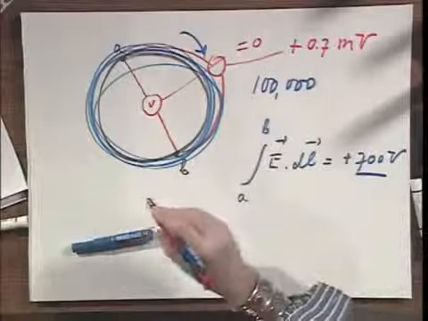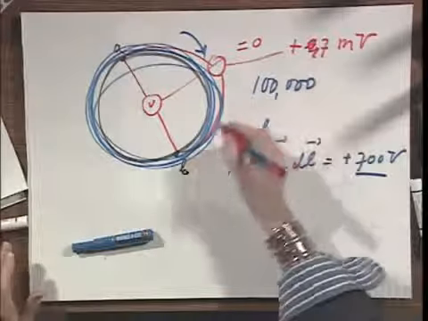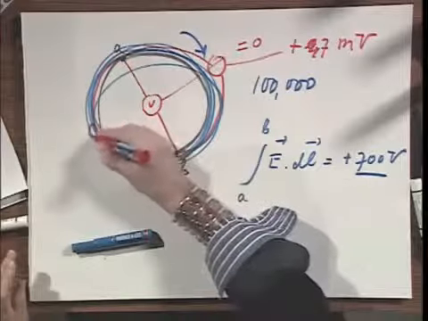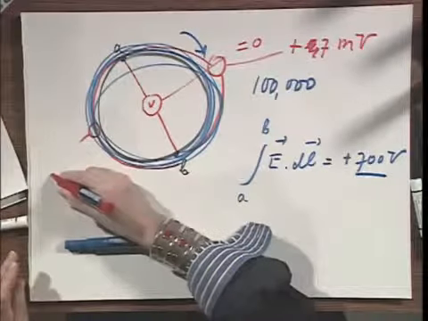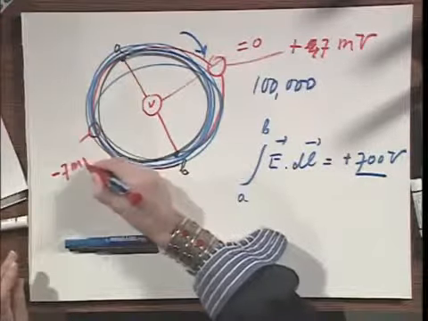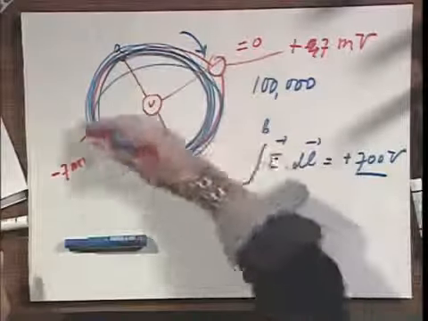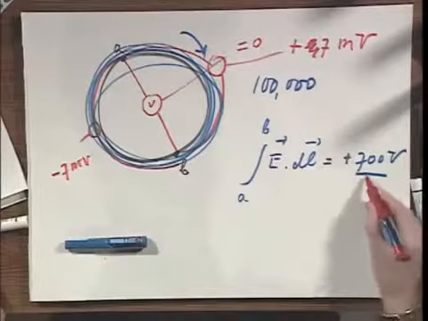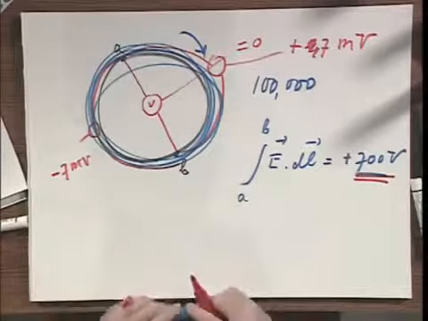Was it 0.7? Oh no, it was 7. If I had a voltmeter here, in this line, then this one would read minus 7 millivolts. And if I put a voltmeter here in this line, which has 100,000 windings, that voltmeter would read me plus 700 volts. That's the whole idea behind transformers.